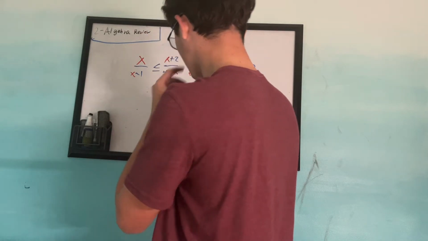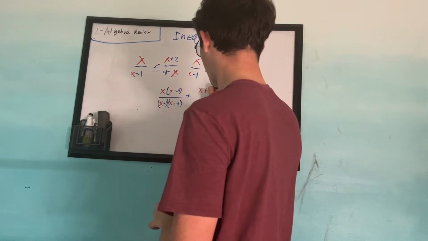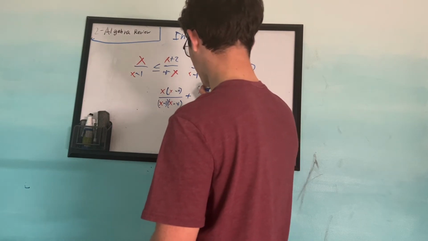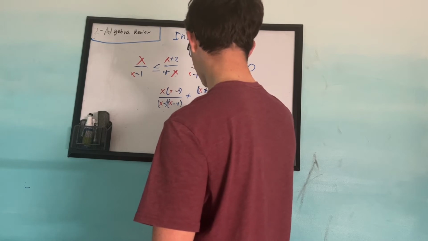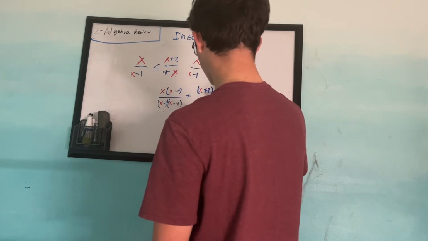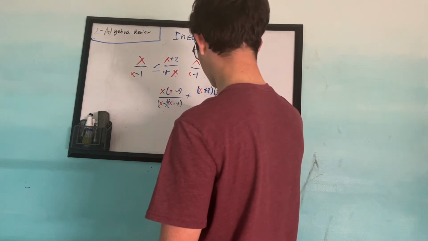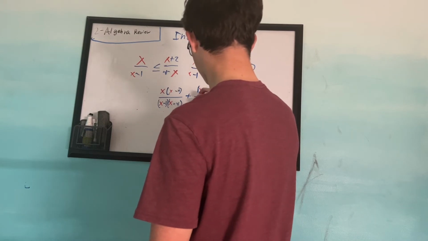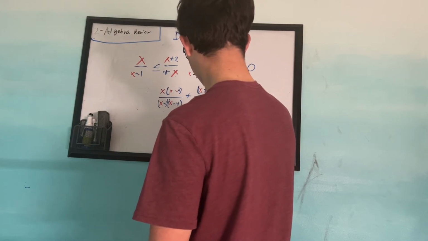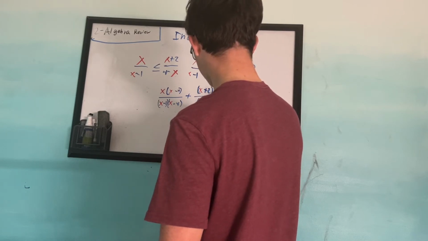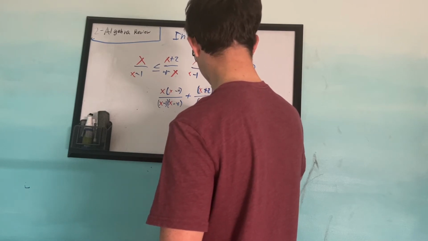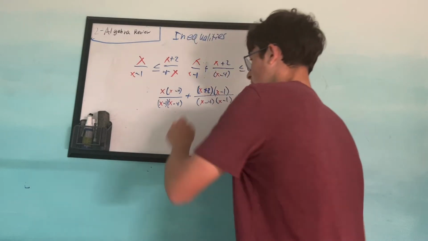And then we do the same thing over here, but instead of multiplying by x minus 4 over x minus 4, we're going to do it by x minus 1 over x minus 1. Now we can combine these numerators.